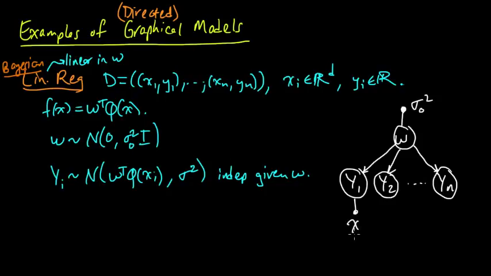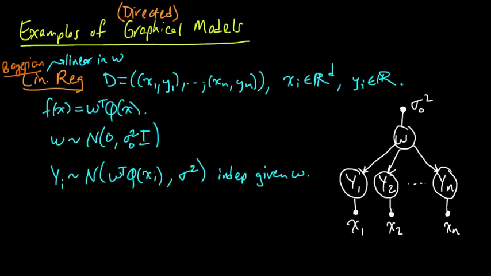And also each of these y's, yi, depends on its corresponding xi. So we can denote that by this. And we put a little dot instead of a circle for something which is non-random. It's in some sense a non-random parameter. So this is a graphical model for this setup.